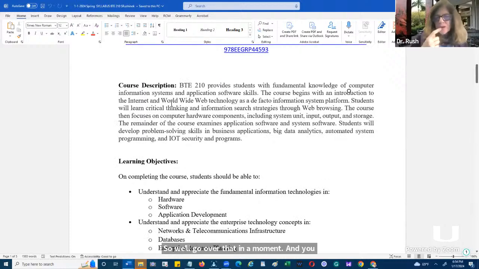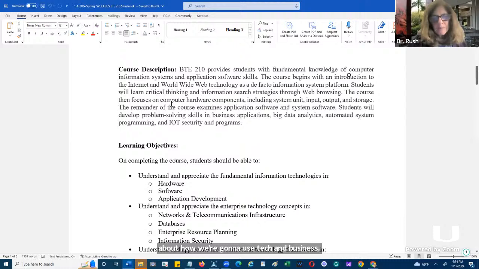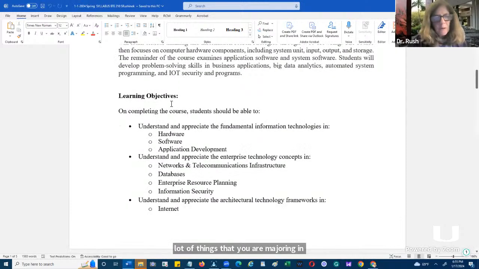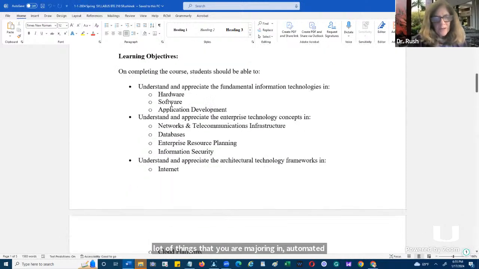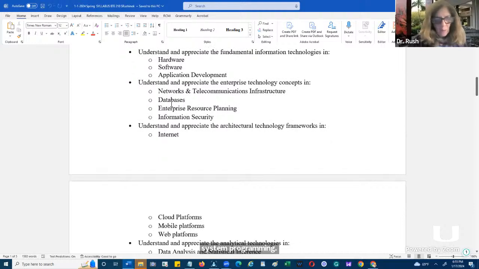Here's the course description, basically talking about how we're going to use tech and business. And we're going to be going over big data analytics, a lot of things that you are majoring in: automated system programming, Internet of Things, networks, databases, information security.